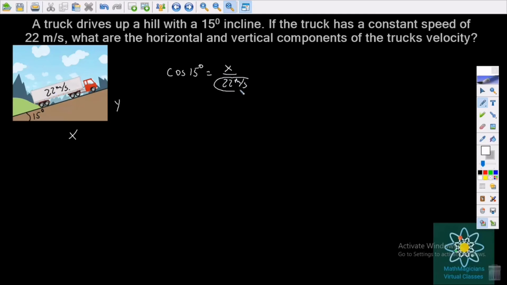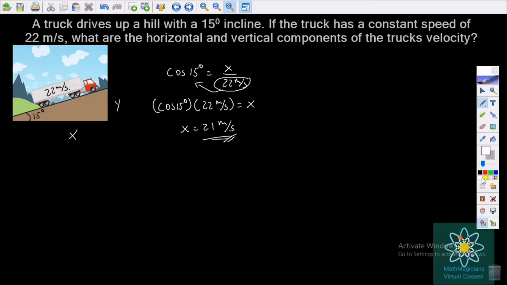The operation is the same. The 22 moves to the other side doing the inverse, multiplying. Cosine of 15 degrees times 22 meters per second equals x. Once we have this, we multiply these two numbers in our calculators. It says that x is equal to 21 meters per second.